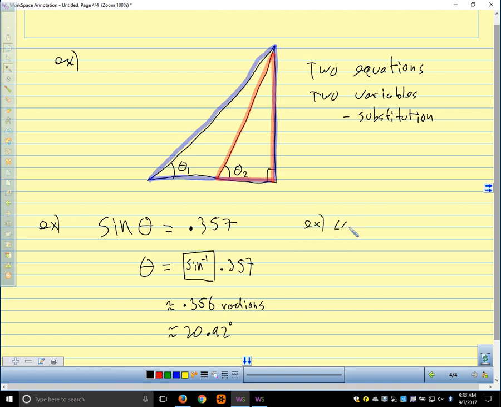What if your problem said something like this? Cosine of 16 degrees, 18 minutes. What would we do here? Any ideas? Well, don't we have a nice way that we talked about before?